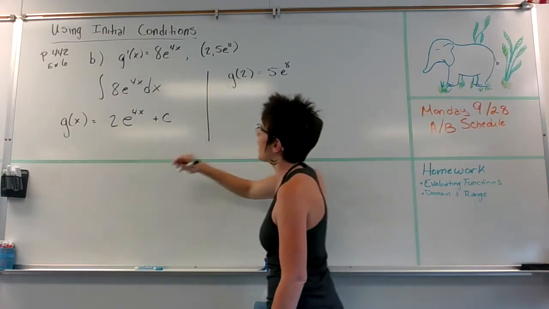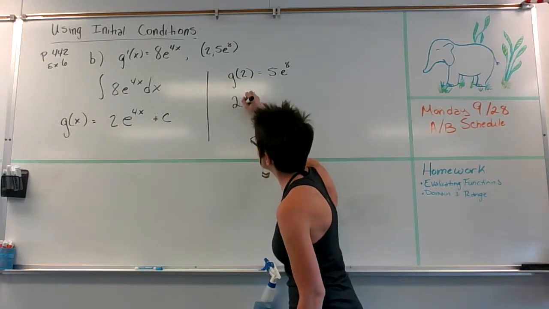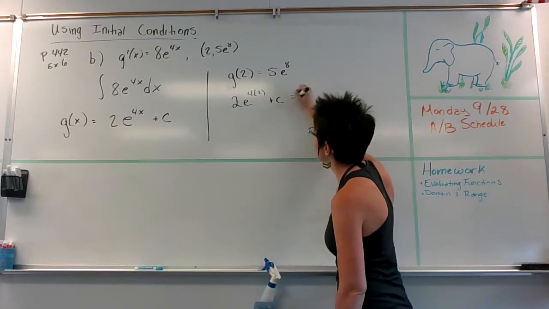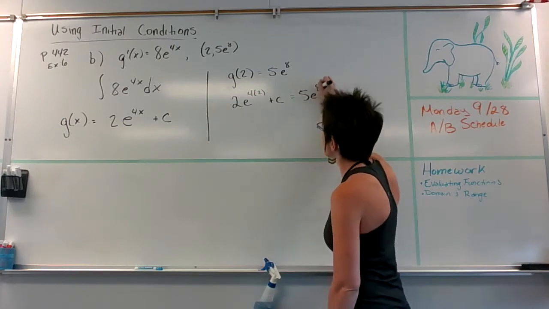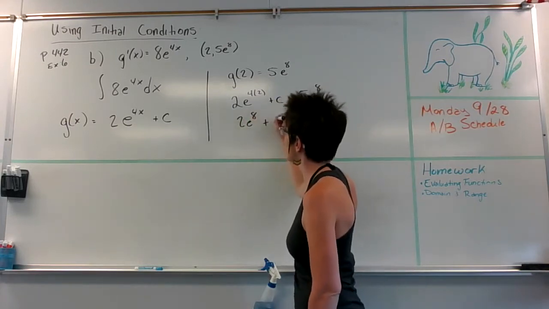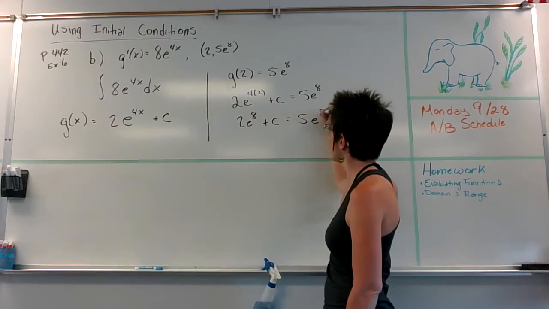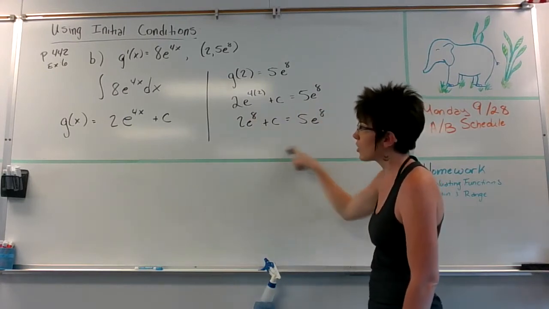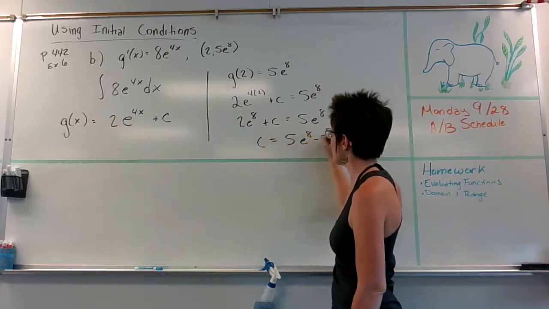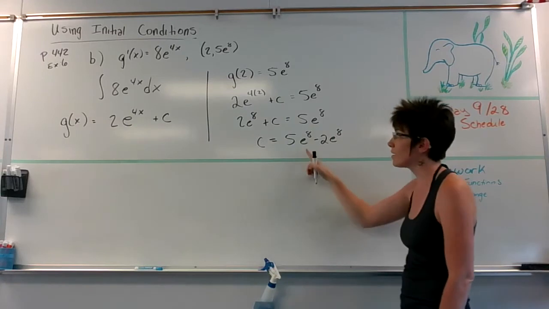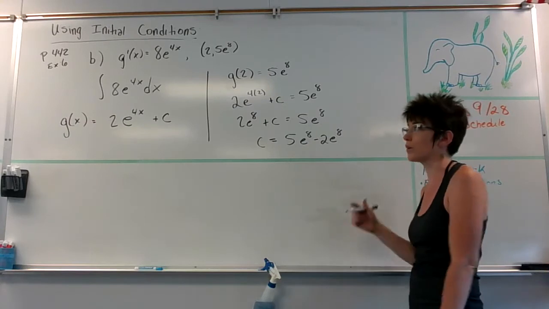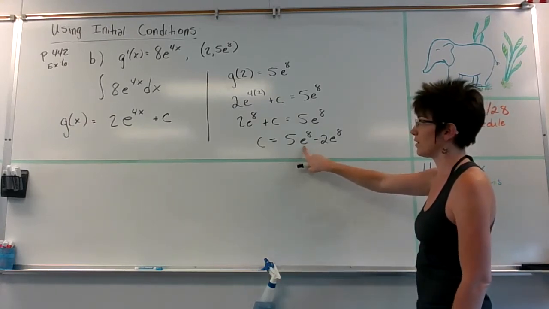If I plug in 2 for x, this becomes 2e^(4 times 2) plus c, and I want that to be equal to 5e^8. Here I've got 2e^8 plus c equals 5e^8. And if I subtract that over here, I'm trying to get c by itself, I have 5e^8 minus 2e^8. Ultimately, these e^8 terms are like terms you can combine because they're the same number.